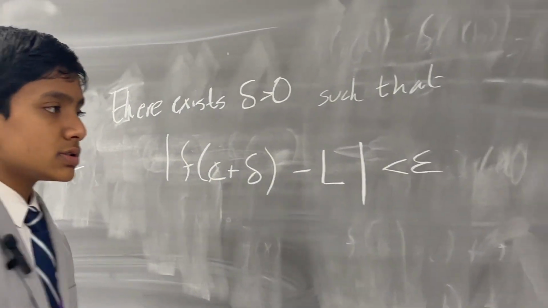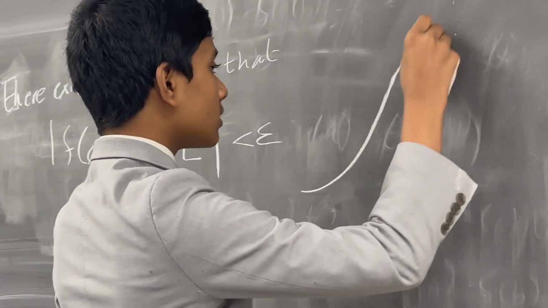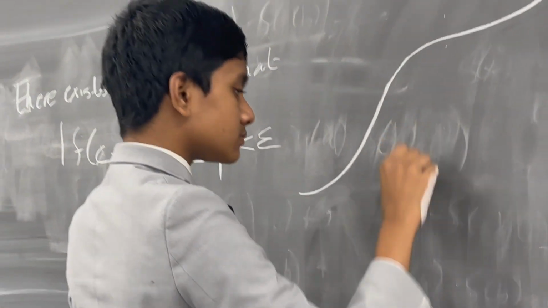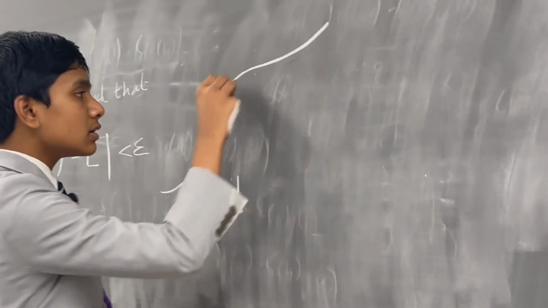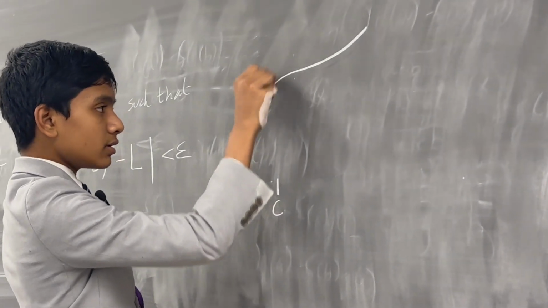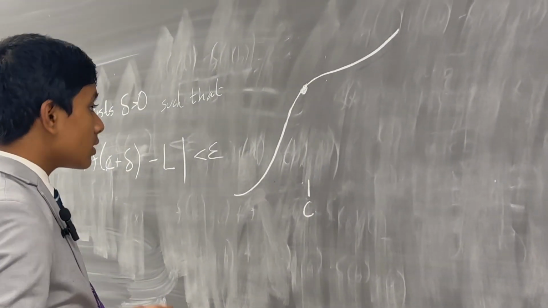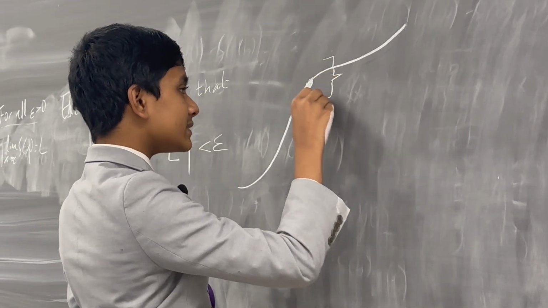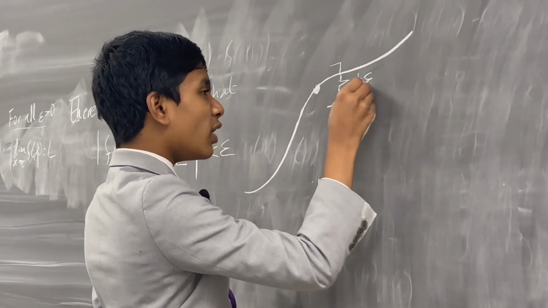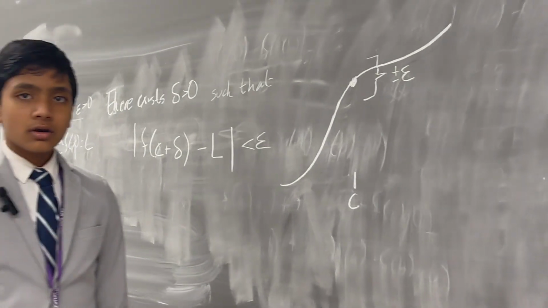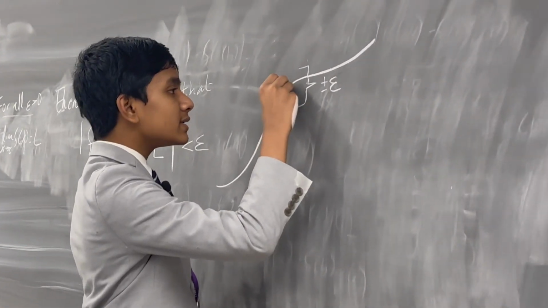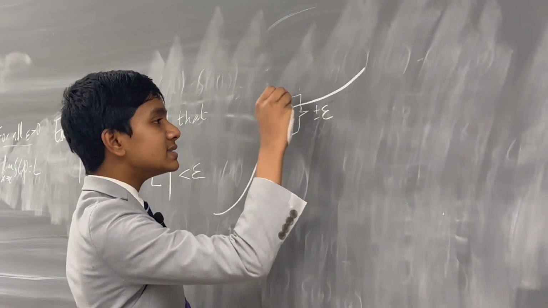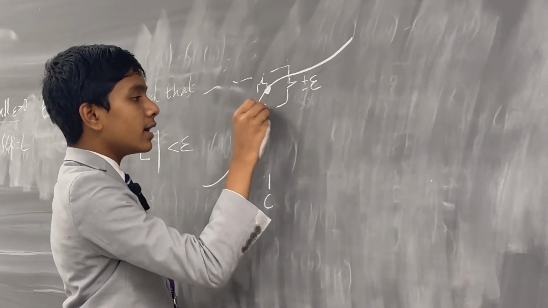In other words, let's say we zoom in on the point c, which is right over here. Zooming in right there, let's say plus or minus epsilon is this small region over here. Well, we can still find some small deviation. I'll draw the dotted line.